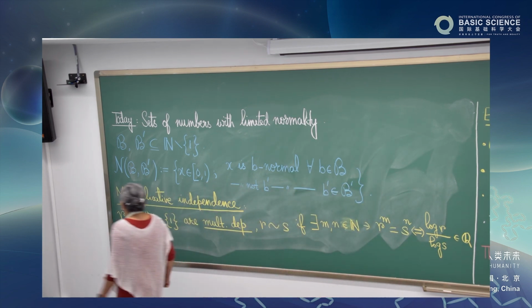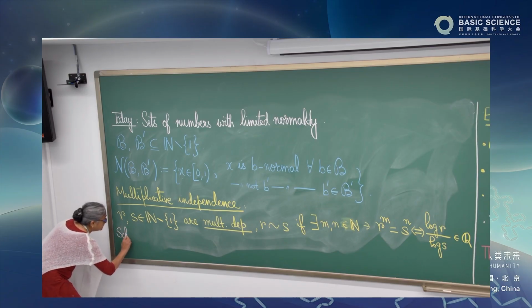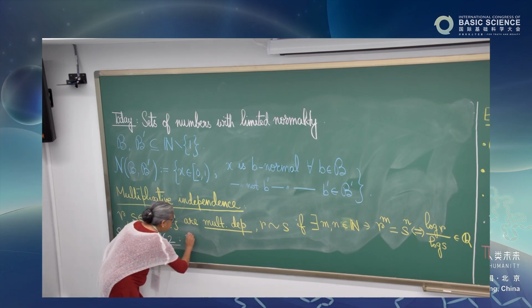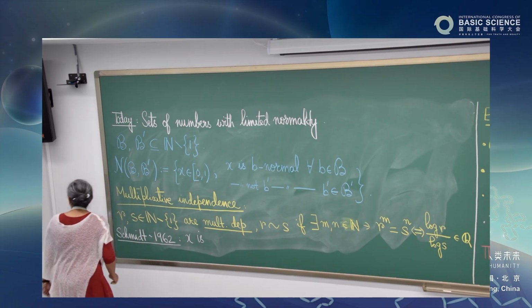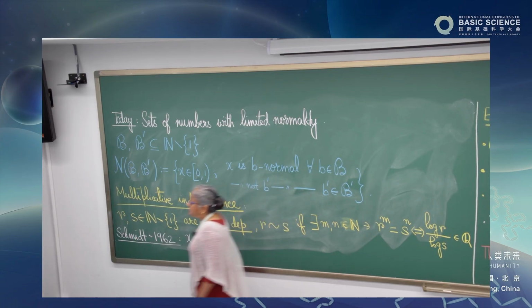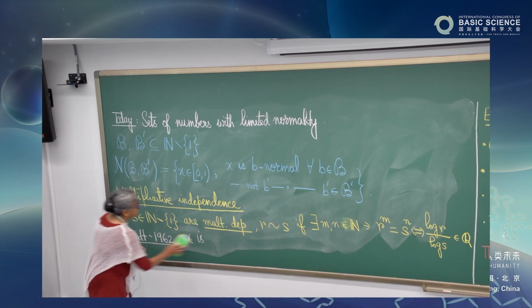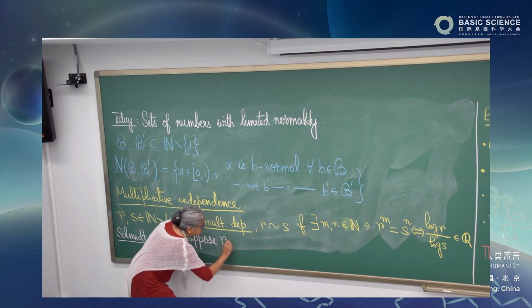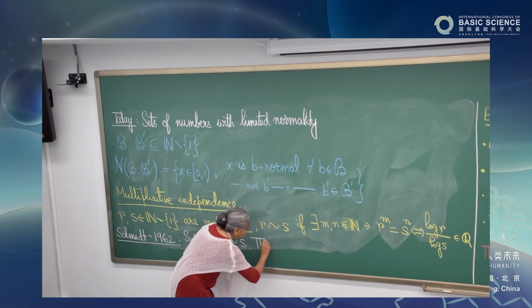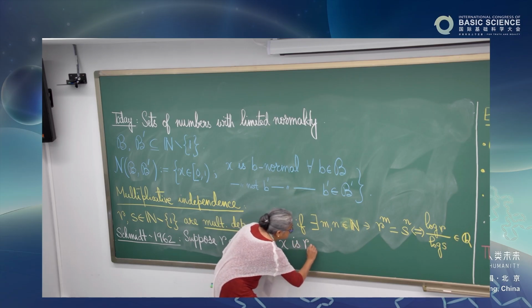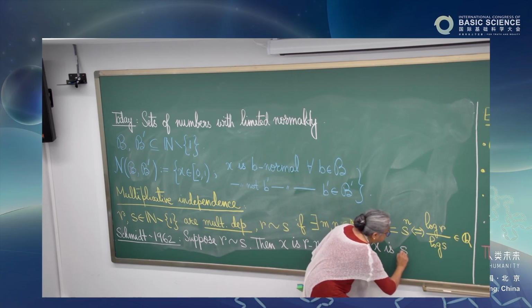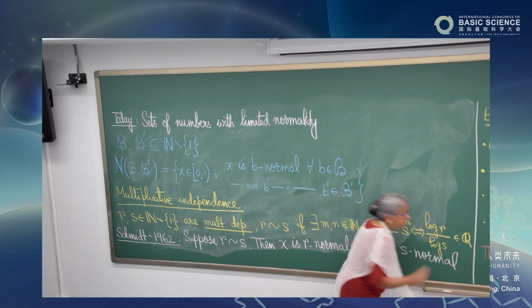An old result of Schmidt, I think this dates back to the 1960s, says that, suppose that r and s are multiplicatively dependent, then a number x is r-normal if and only if x is s-normal.